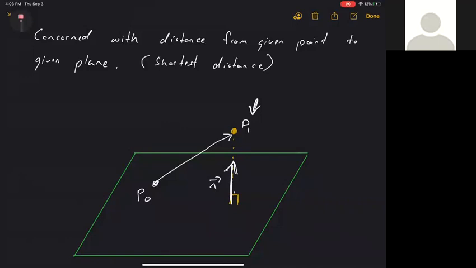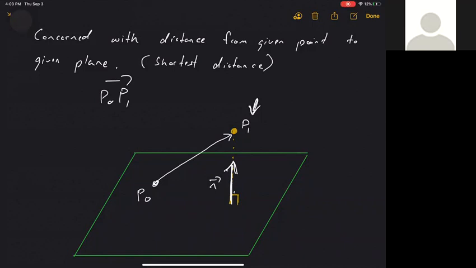So think about projections again. How do projections work? This is a vector p0 to p1, right? Think about the projection of p0 p1 onto n. Remember how that works.